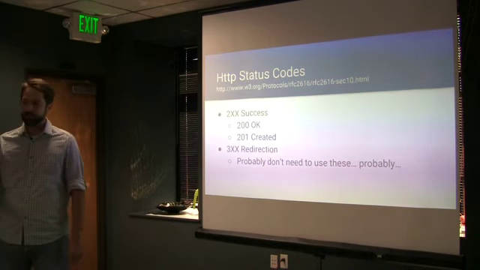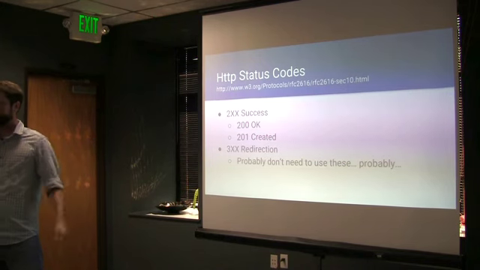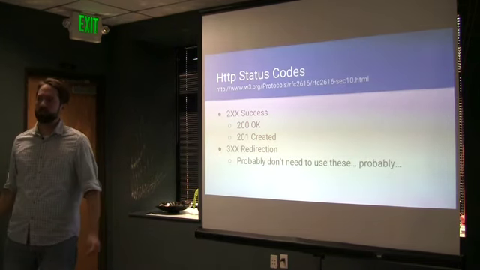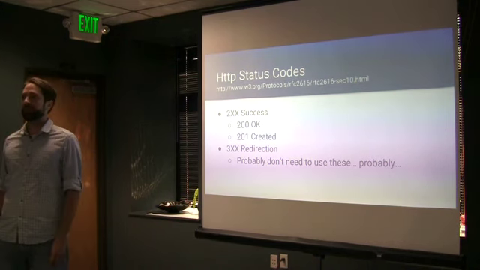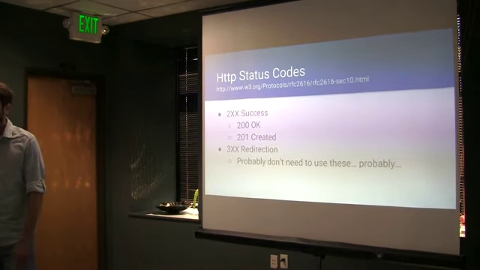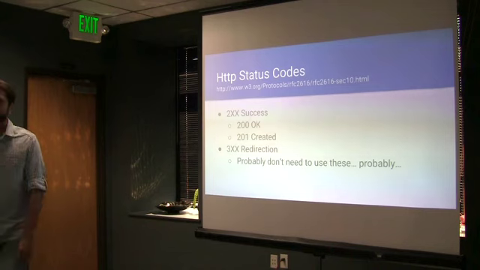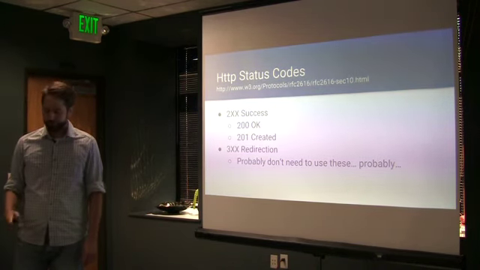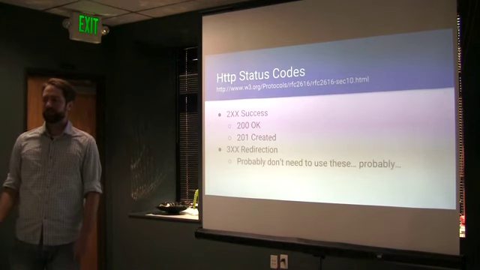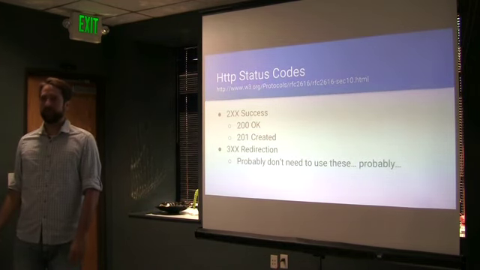In any case, your basics are 200 OK. Things went great. 201 Created. If you're doing posts, it's nice to send a 201 Created to let the client know that something actually got created. The 300 status codes are for redirection. As an API developer, you generally won't use this too much because it's really up to the client to understand what this status code would mean.